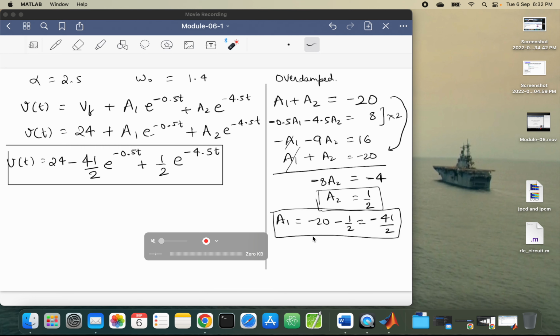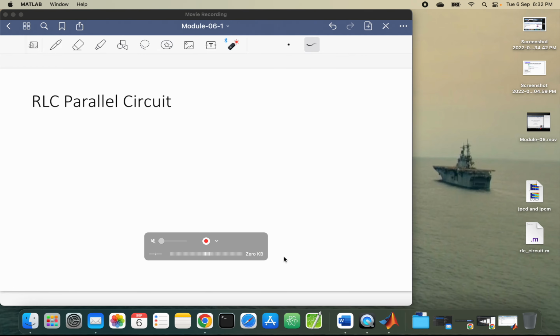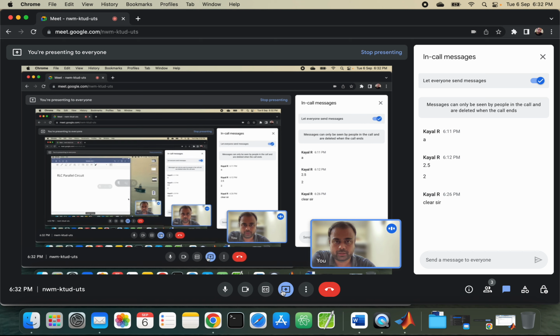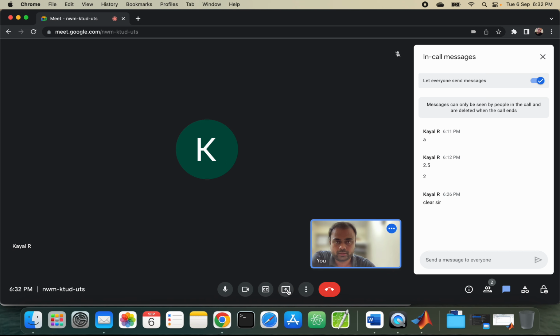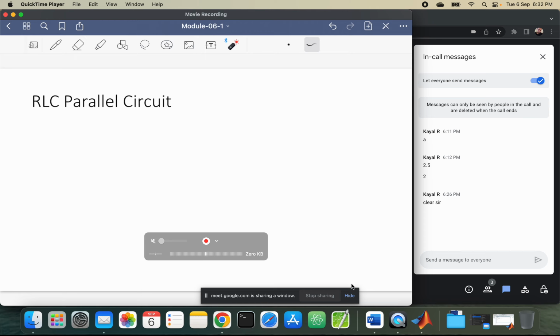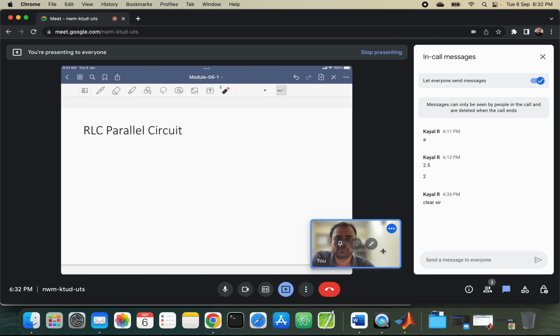So let us move on to our second case, that is the RLC parallel circuit. I will just change my screen to the notepad. Okay, so we are now moving to RLC in parallel.